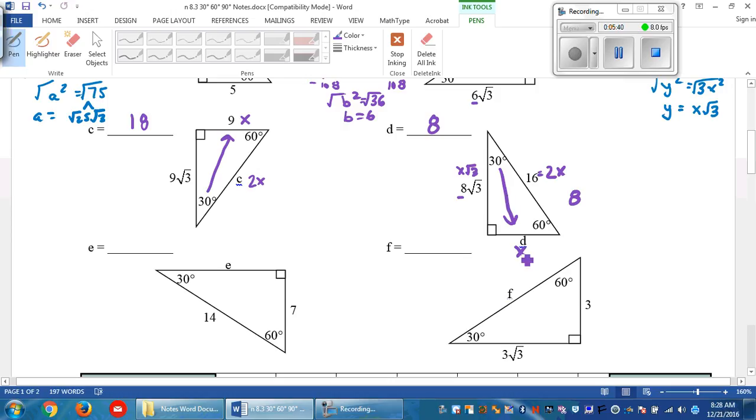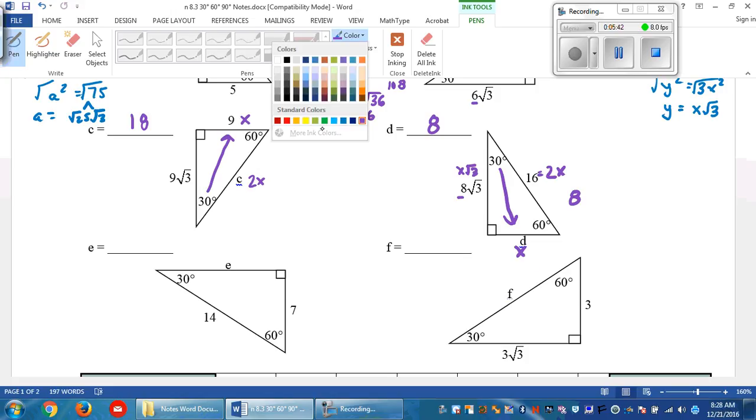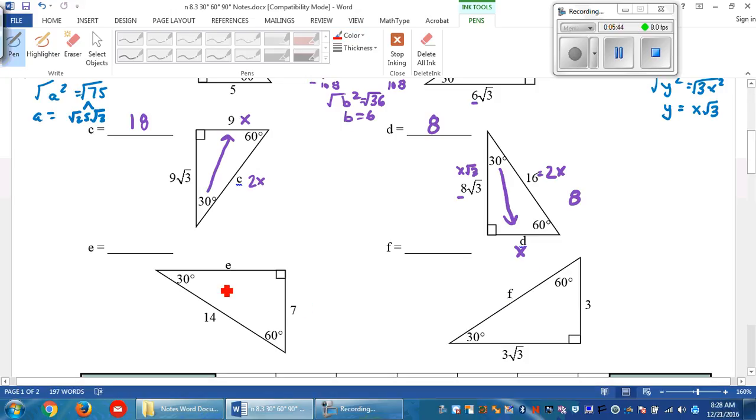When we look at the next example here, this side is across from the 30. x, 2x, x root 3. I like writing that in. So what do you know? How much is x? 7. Which makes sense, because if I put 7 in here, I get 14. And if I put 7 in here, this answer is just 7 root 3.